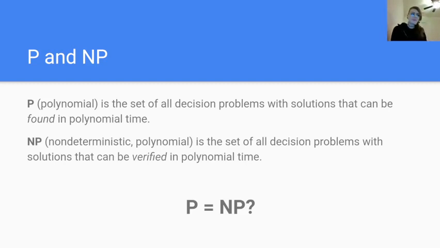So, the big question, the famous question, is P the same set as NP? Is it the case that if you can verify a solution in polynomial time, then there is also an algorithm that can find the solution in polynomial time?